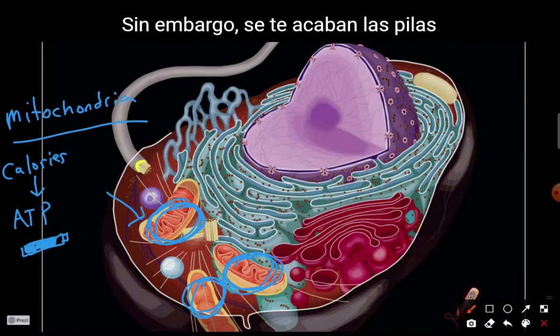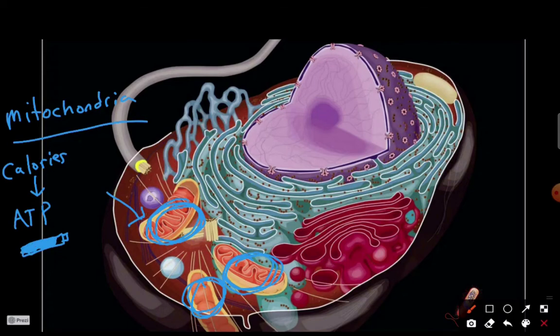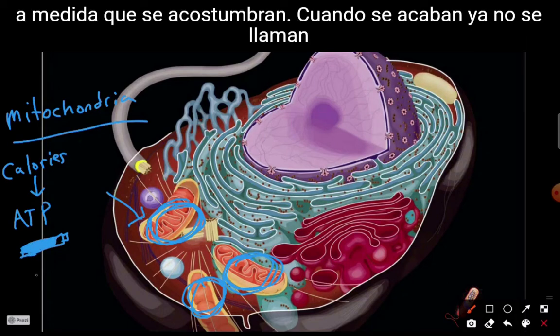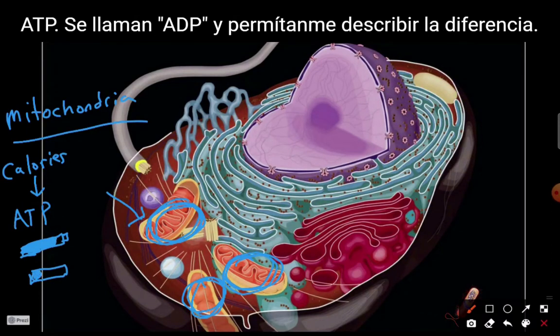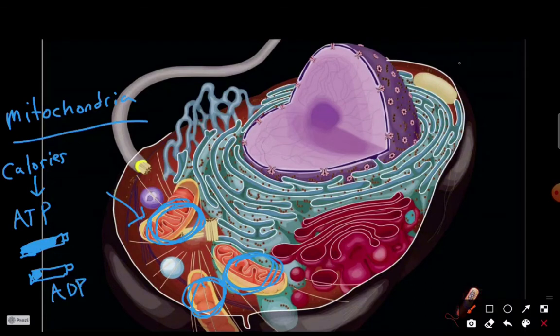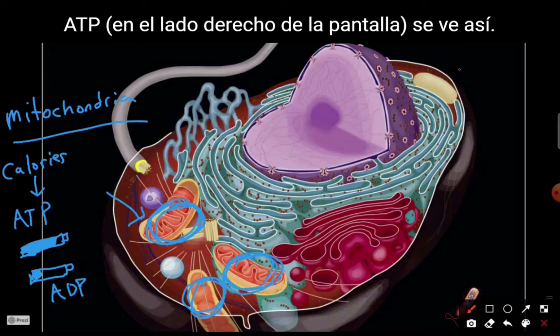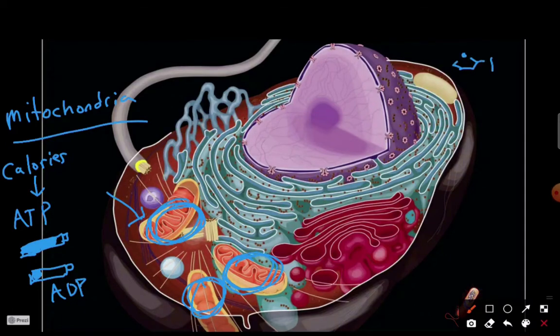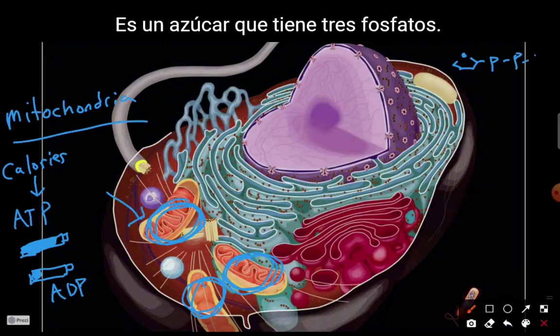However, your batteries run out as they get used. When they run out, they're no longer called ATP. They're called ADP. And let me describe the difference. ATP, on the right side of your screen, looks like this. It's a sugar that has 3 phosphates.